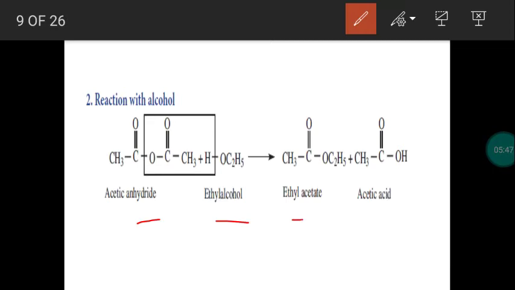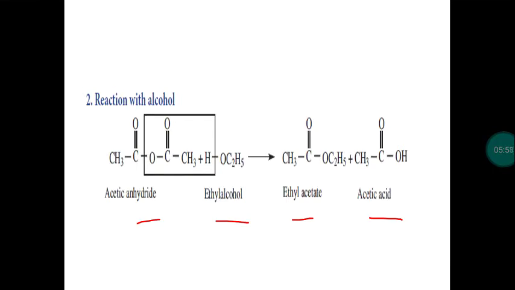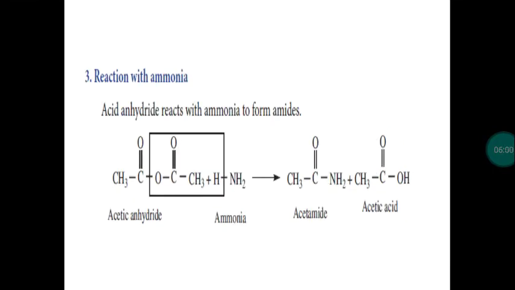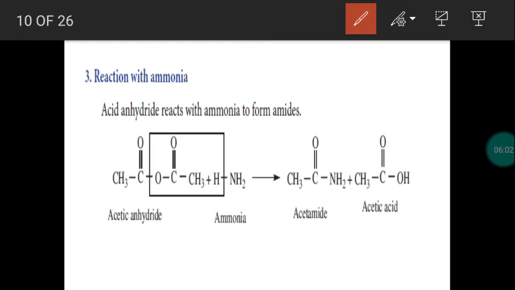We get ester and carboxylic acid. Ethyl acetate or ethyl ethanoate will be formed along with acetic acid. Next one, ammonolysis process. Addition of ammonia to acetic anhydride. When ammonia is added, we get amide as well as carboxylic acid. We get acetamide and acetic acid.